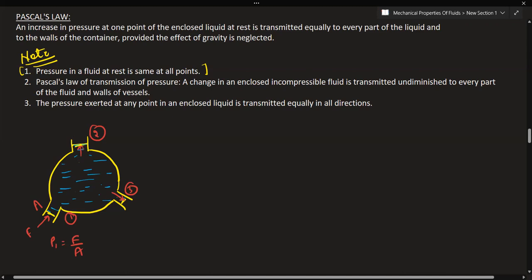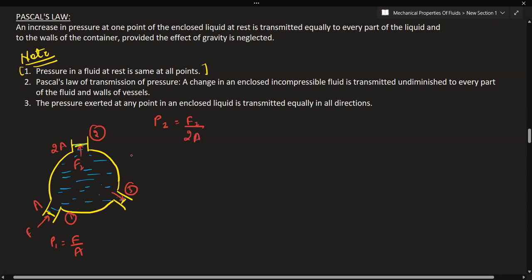It means now let's say the area of this end 2 is 2A. So now see what would be the force. Pressure would remain the same because pressure is same. So pressure of this portion should be F2, whatever is the force, F2 divided by 2A.